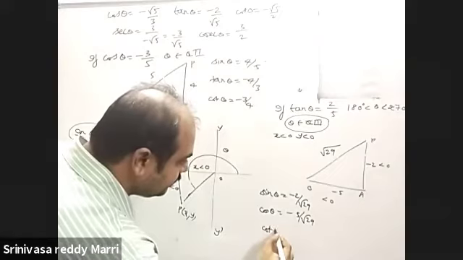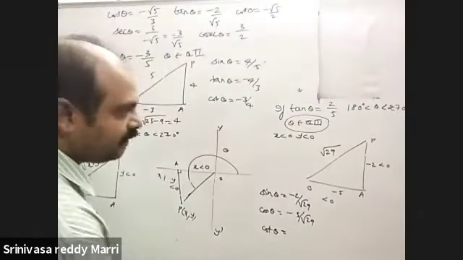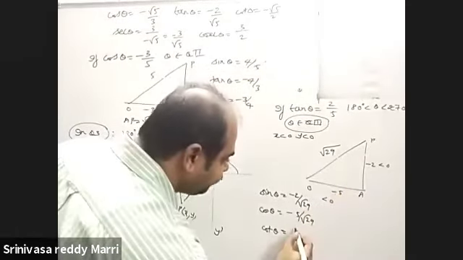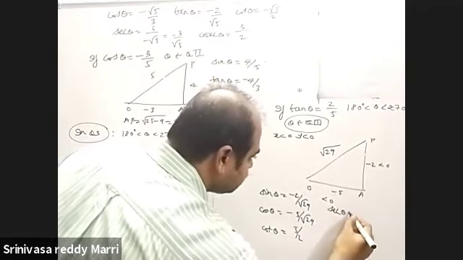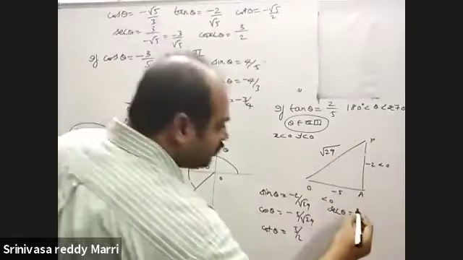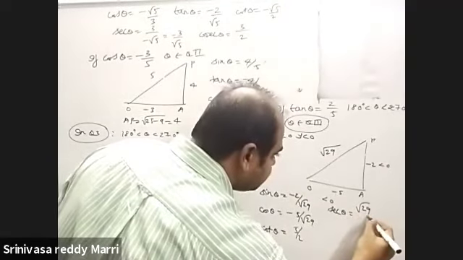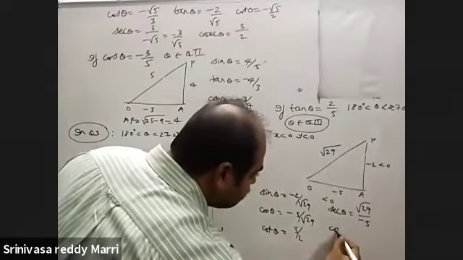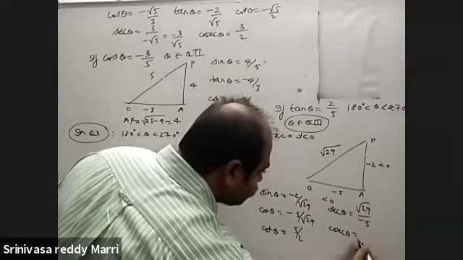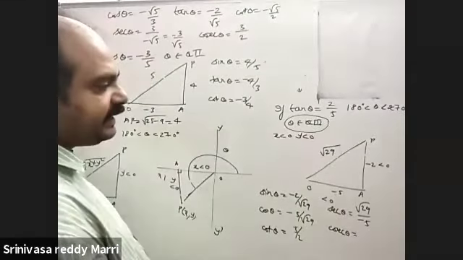So tan theta is given, cot theta is this divided by this, 5 by 2, positive. Look at secant theta: root 29 divided by the adjacent side, negative, you got. Suppose cosecant theta, what you will get?